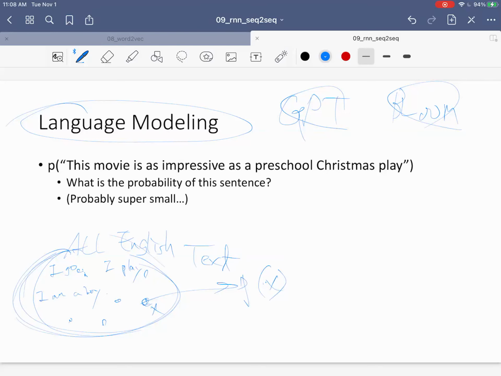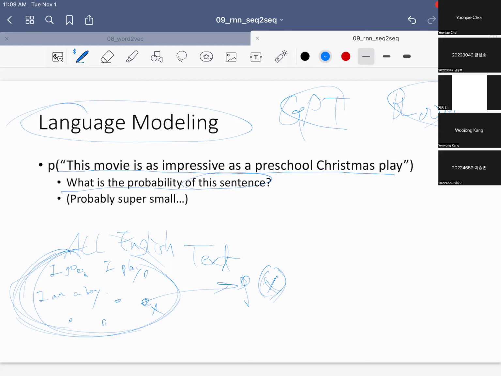So out of the entire infinite set, what is the probability of seeing this particular sentence, like "This movie is as impressive as a preschool Christmas play"? How likely is this sentence? Which should be super small. That is the essence of language modeling.